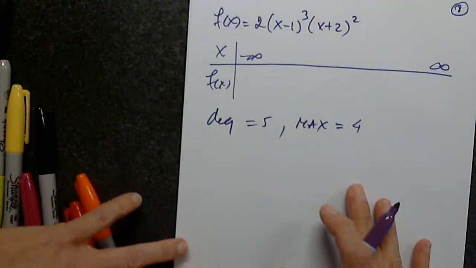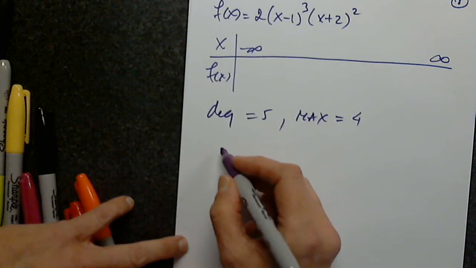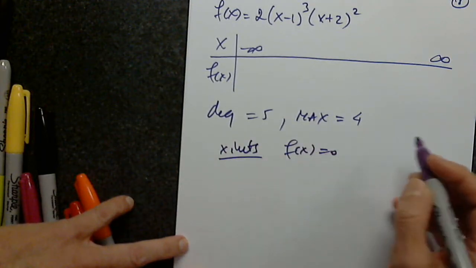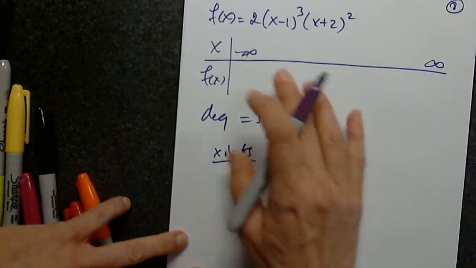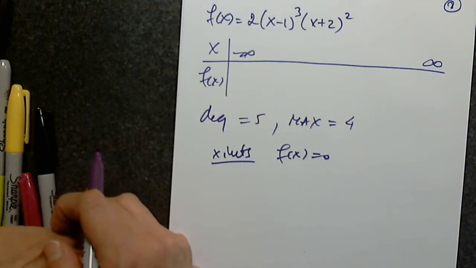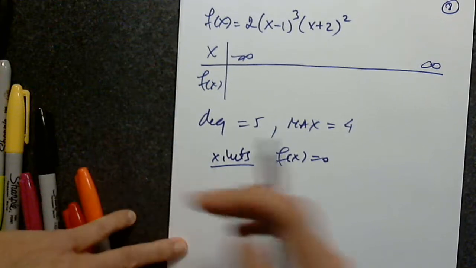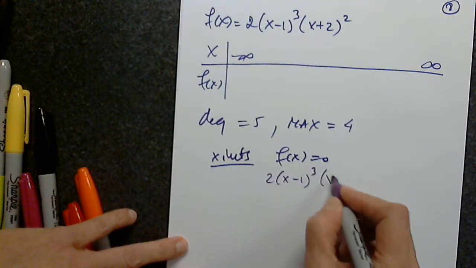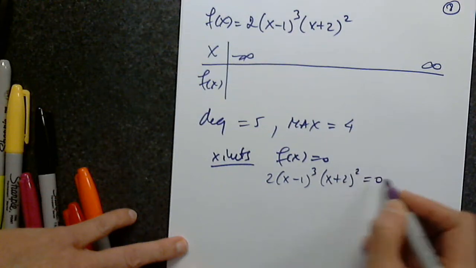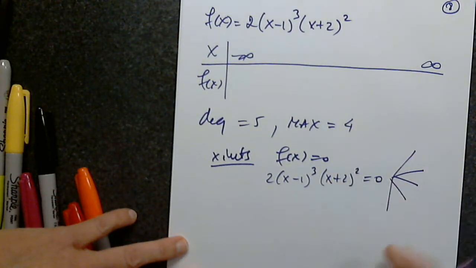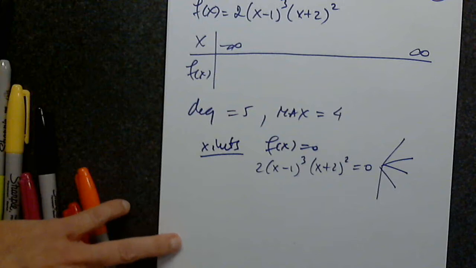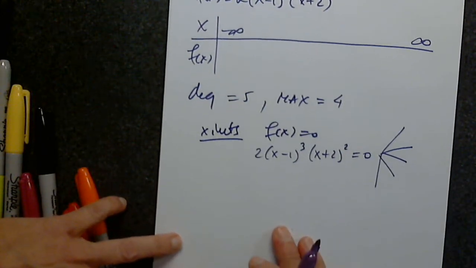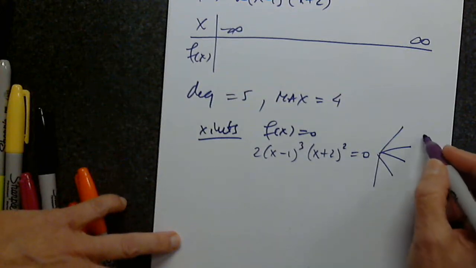4. Very good. Awesome. So then let's find the x-intercepts. We said f of x equal to 0. How many solutions? I gave up trying to find one. So then we have 2, x minus 1 cubed, x plus 2 squared, and please give me 5 solutions. x equals 1.